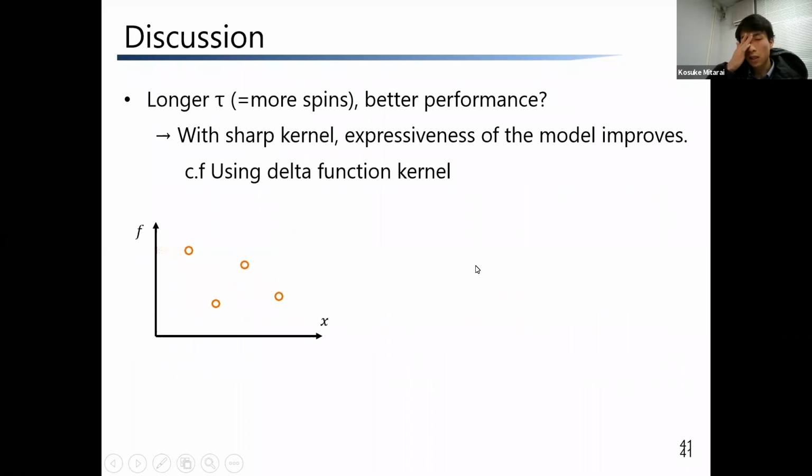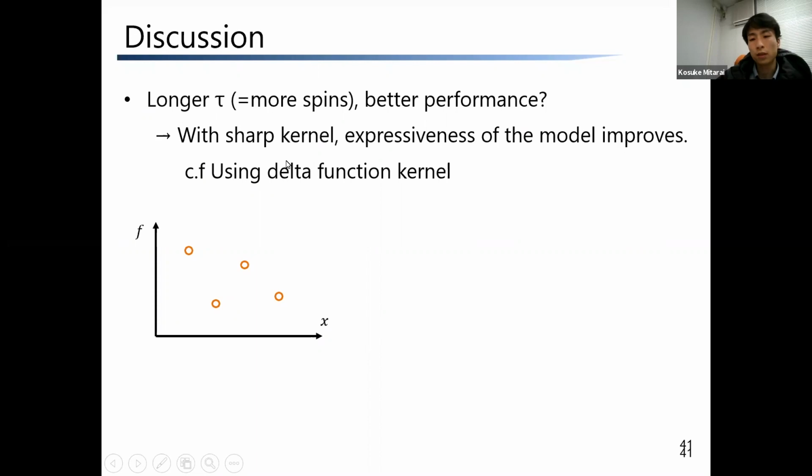So to discuss the effect of the longer tau, which means that more spins are involved in dynamics, we observe better performance for this longer tau.